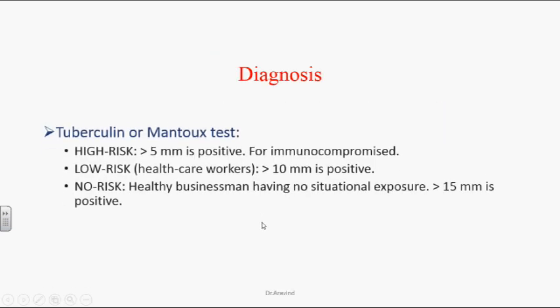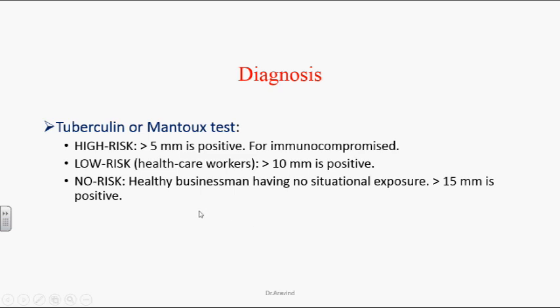So for diagnosis, we can diagnose by the tuberculin test or Mantoux test. We can use the tuberculin or Mantoux test interchangeably, and in this test the patient is given purified protein derivative, that is tuberculin protein, intradermally, and within 48 hours if you see any induration around it, if the induration is more than 5 millimeters, it is positive, and you can see this in immune compromised and high risk individuals.